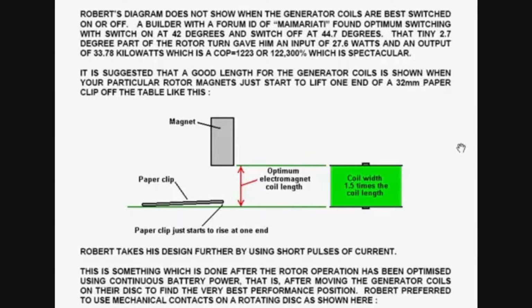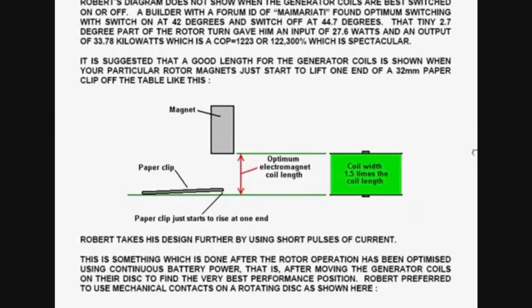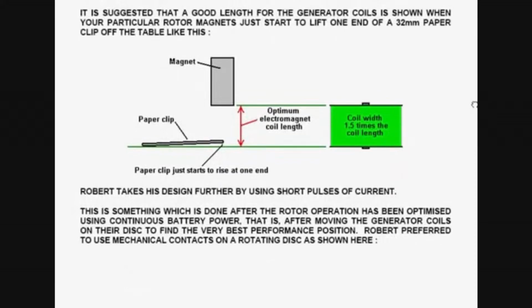That tiny 2.7 degree part of the rotor turn gave him an input of 27.6 watts and an output of 33.78 kilowatts, which is a coefficient of performance of 1223, or 122,300%, which is spectacular.